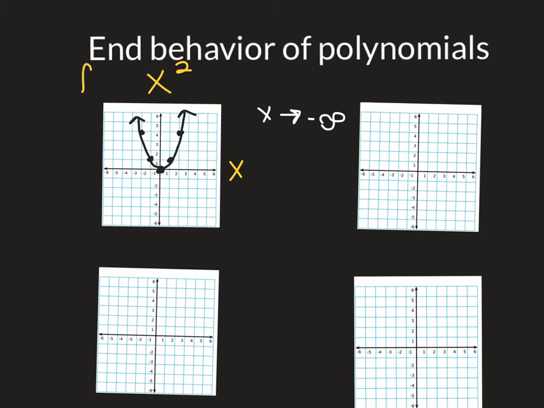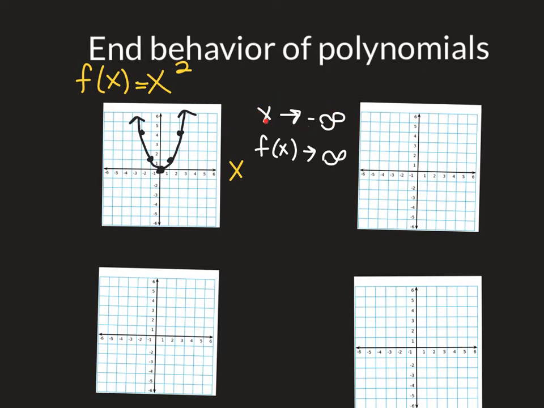Or I might say f of x, because f of x is really the same as y. So as my x's approach negative infinity, my y values, or my f of x, it goes up, it approaches infinity.